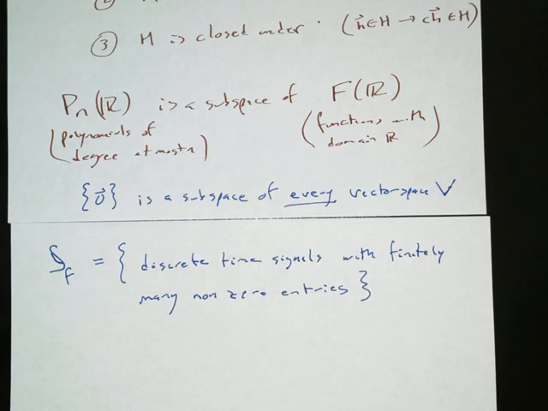SF is the set of discrete time signals that only contain finitely many non-zero entries. Excuse me for a moment. What the hell does that mean?